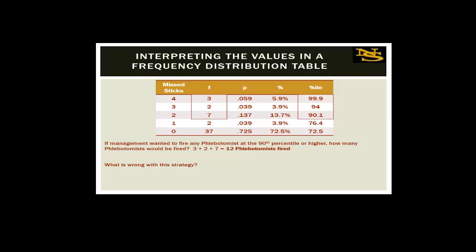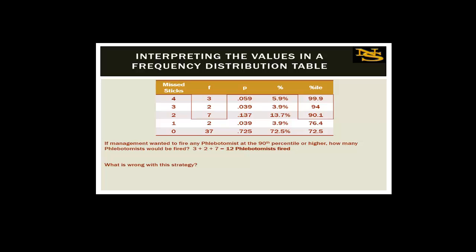Now I want you to stop for a second and think about this strategy. What is inherently wrong with this strategy? If I was going to say, I'm going to fire you if you're at the 90th percentile or higher, how would you feel if you were in the 90th percentile or higher? What kind of questions would you have for this strategy? Well, in this particular study, there's no control for the number of patients that person saw that week.